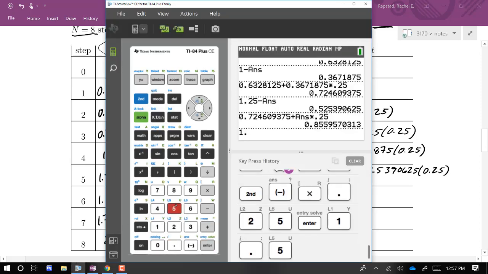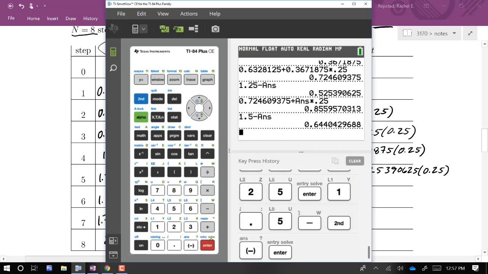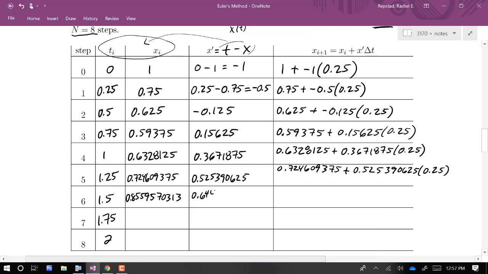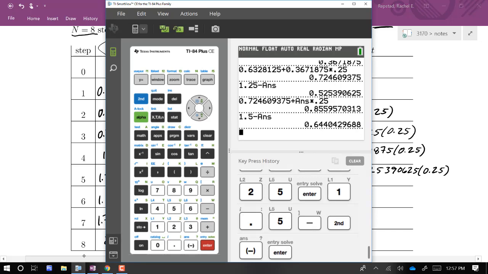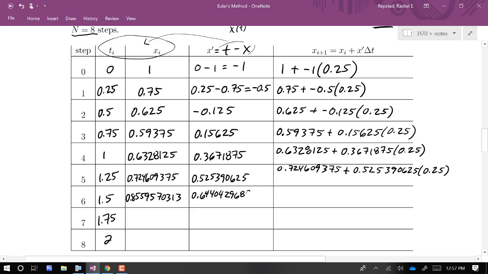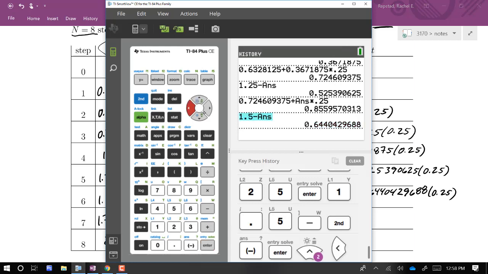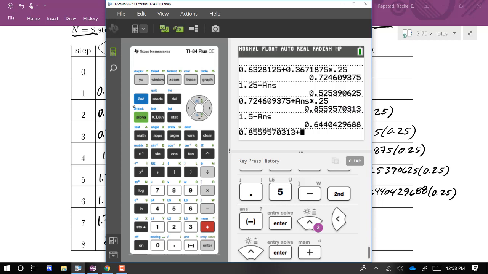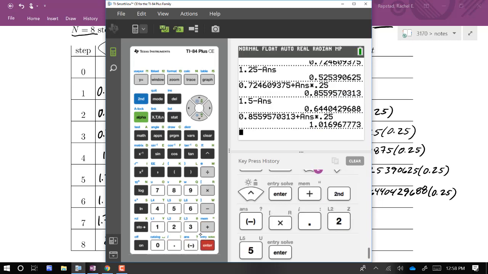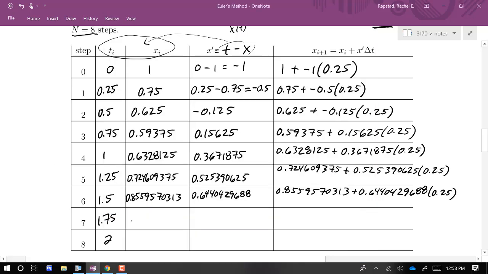And again, 0.64404, 29688, old x, plus x prime times delta t. 1.016967773.